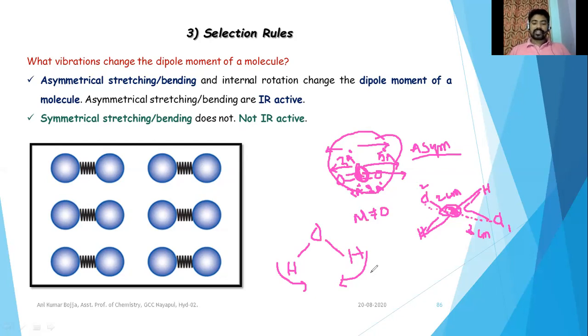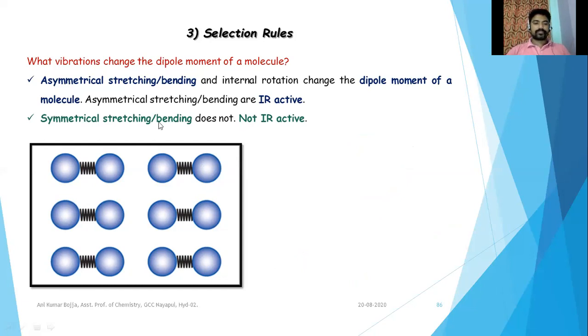That vibration brings a change in the dipole moment of the molecule, and the center of symmetry is disturbed. So they won't contain the center of symmetry actually. Therefore, the molecule exhibits the infrared spectra. So these are IR active vibrations, right?